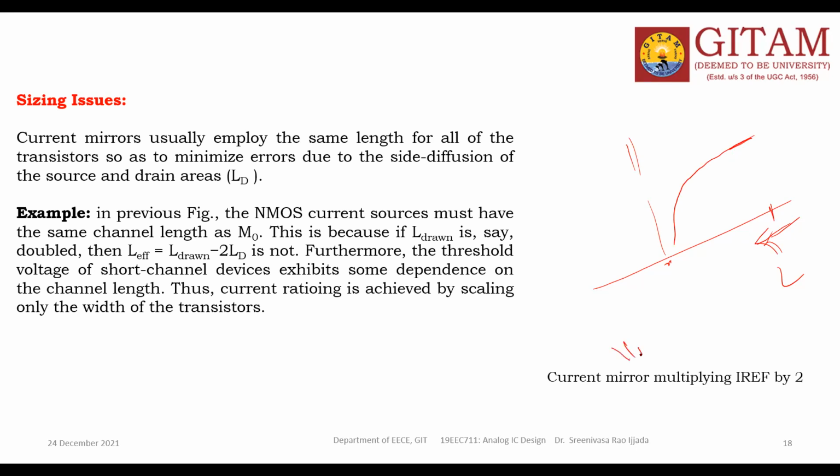VTH roll off. Suppose at this point L is some x, and here the length is x minus a. See, the VTH value quickly goes down, sharply.